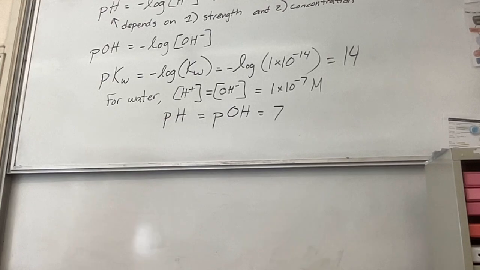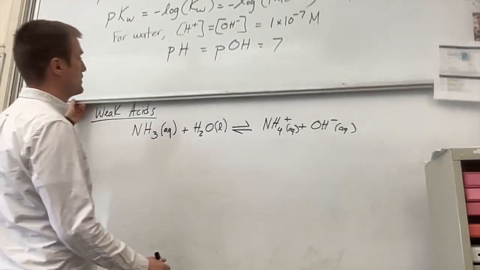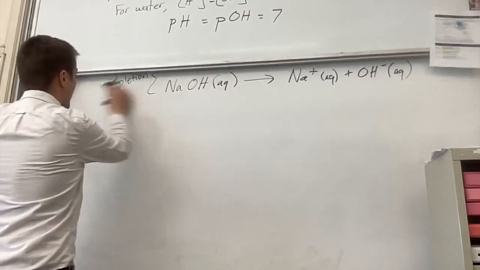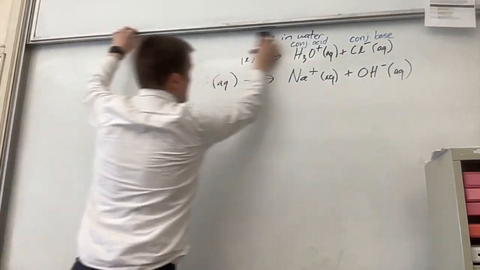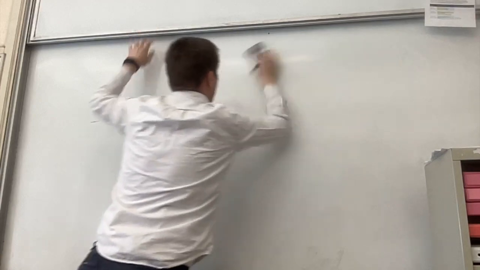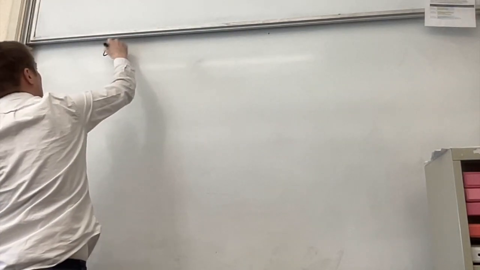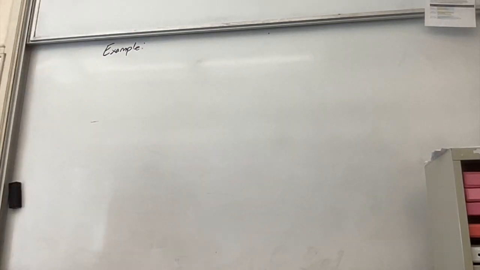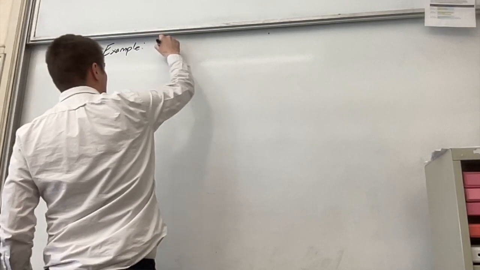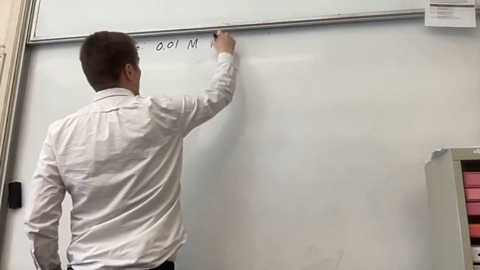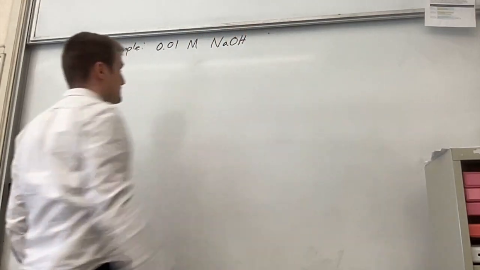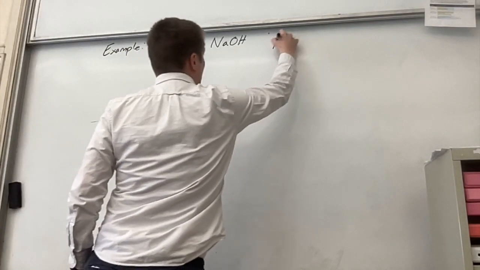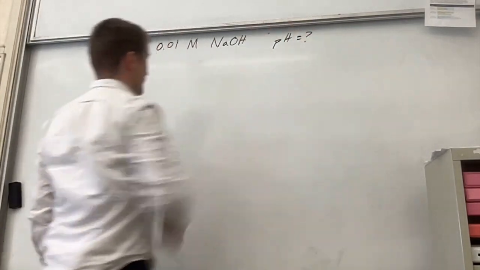Okay, so here's an example of a pH with actual numbers. Say you have NaOH at a concentration of 0.01 moles per liter, and you want to know what the pH is of that solution.